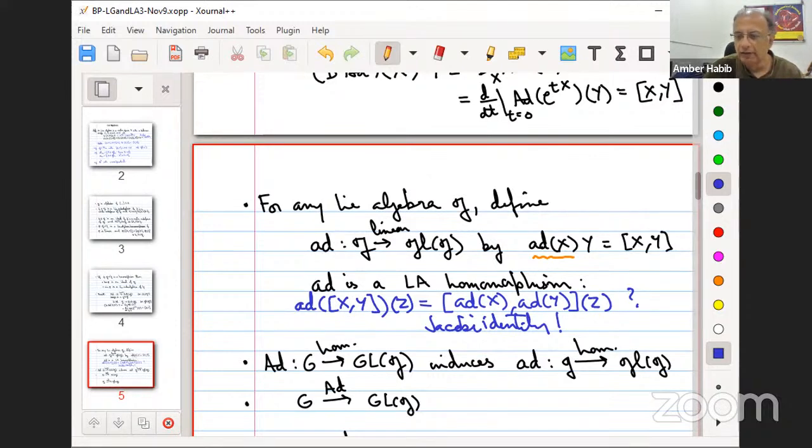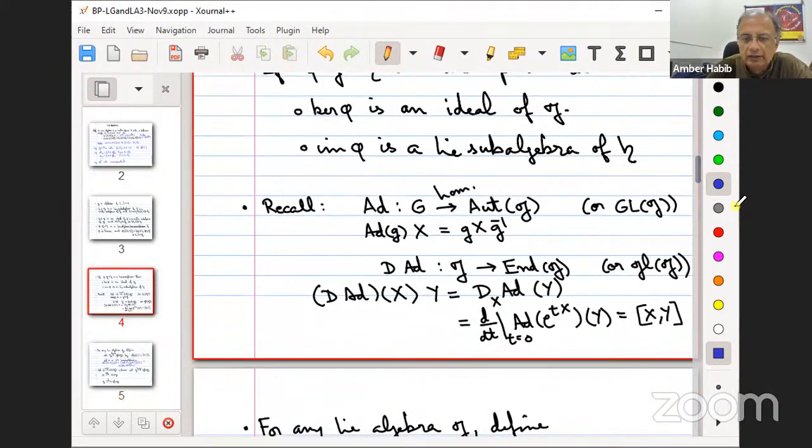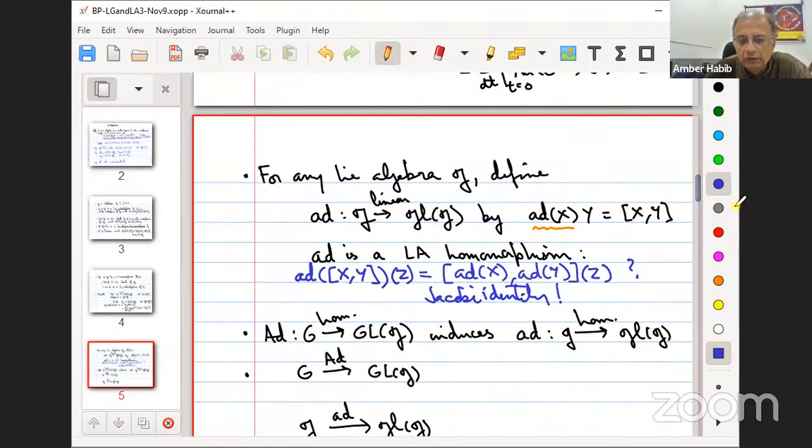Then you have the little ad, which is a Lie algebra homomorphism from the Lie algebra G to all the linear maps on G. And what we saw here is that when you differentiate capital Ad, you get little ad. So this homomorphism at the group level, by differentiating, induces a homomorphism at the Lie algebra level.